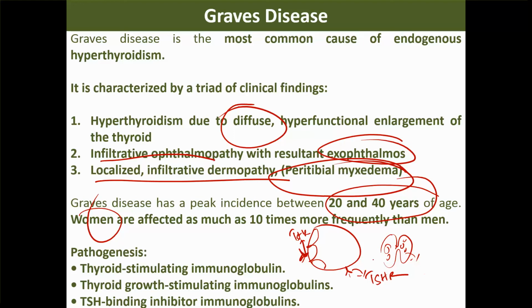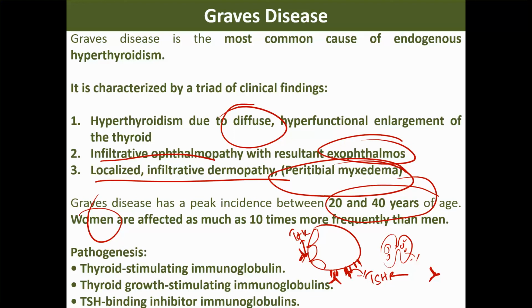So this person will have antibodies that will come and act on this. The thyroid stimulating hormone receptor will be attacked by these antibodies. These antibodies are called thyroid stimulating immunoglobulins.